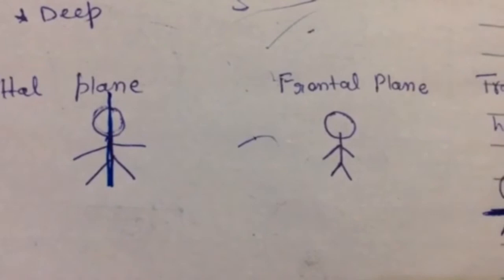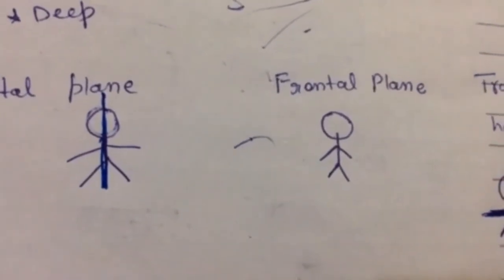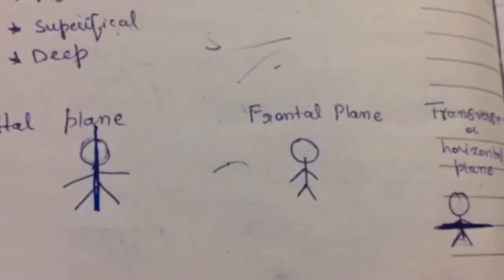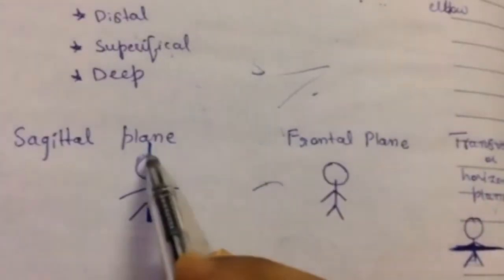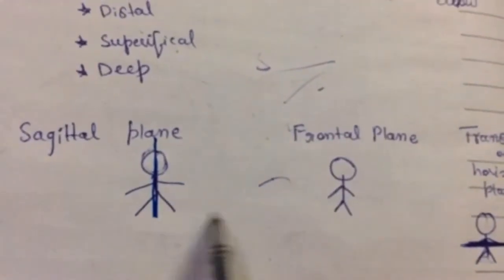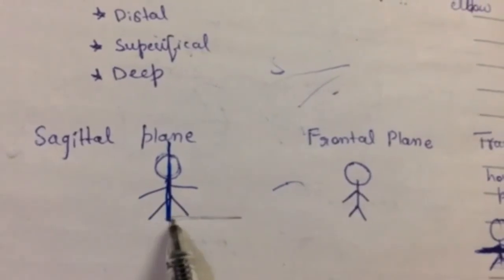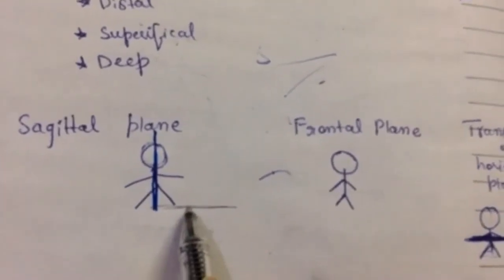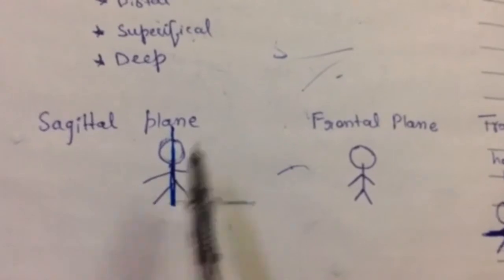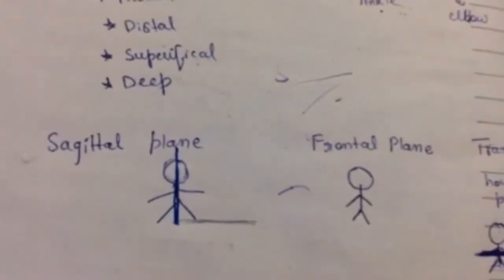In a simple way, when a segment of the human body moves, it rotates around an axis, an imaginary axis of rotation.